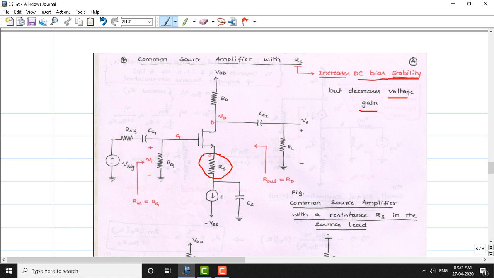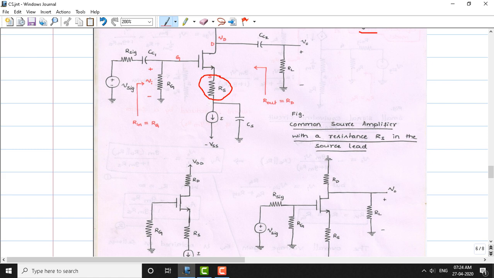The voltage gain of a common source amplifier will be larger than that of the common source amplifier with Rs. So we get a benefit here and a loss there where the gain decreases. Again there is a trade-off between choosing the common source circuit with Rs and without Rs.